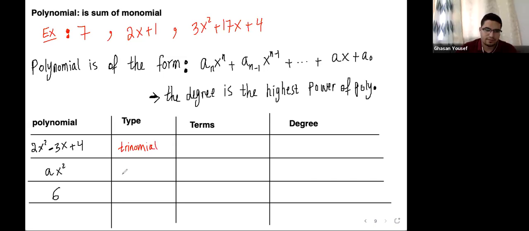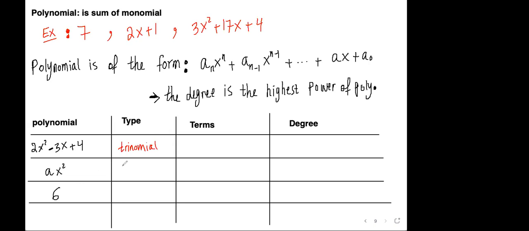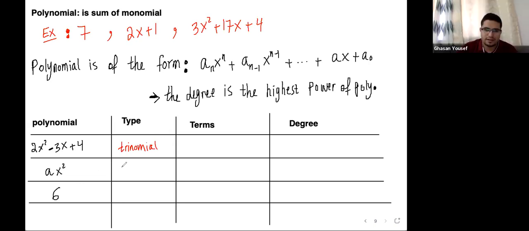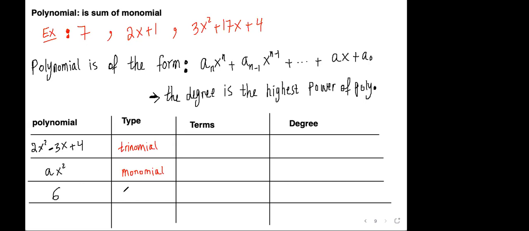The second one. What is the type of the second one? We have only one term. It's called a monomial, exactly, monomial. The third one, number 6, is also a monomial, yes.